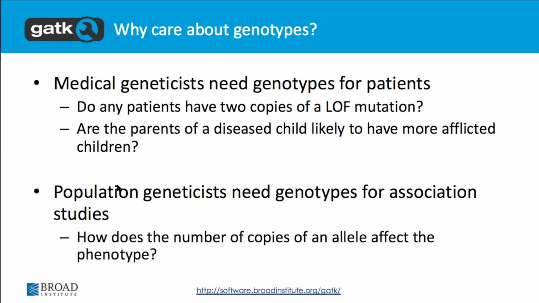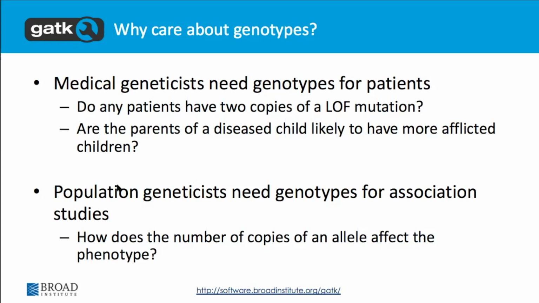For example, if we're doing clinical genetics, we may need to know, do my patients have 2 copies of a loss of function mutation? LOF stands for loss of function, and that's basically when a particular variant causes a problem that disables the gene, where you lose the gene function.